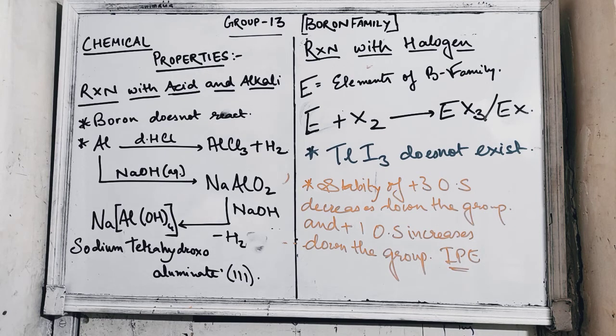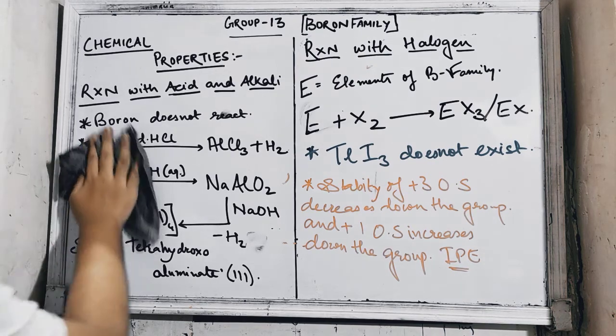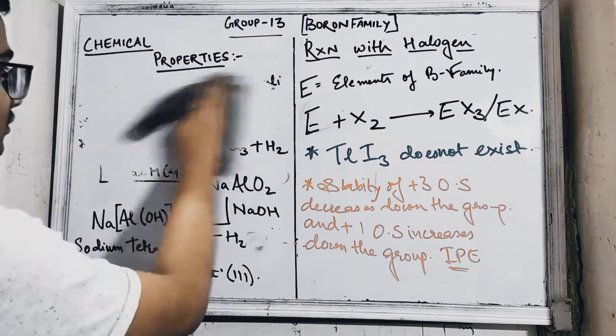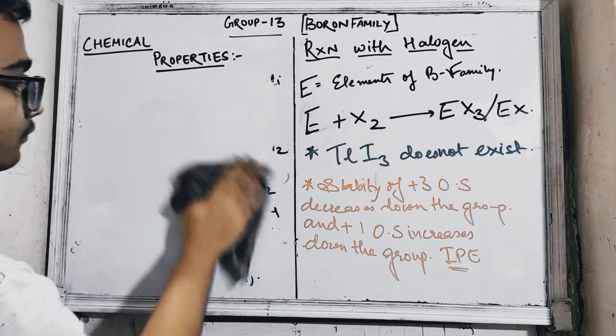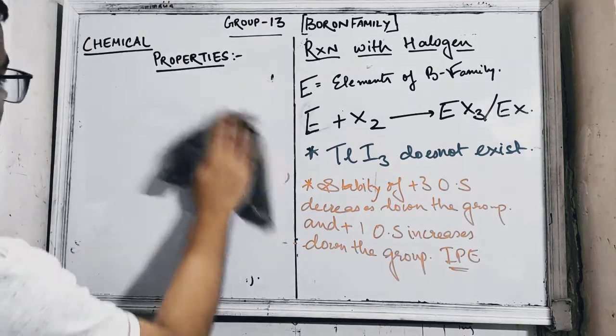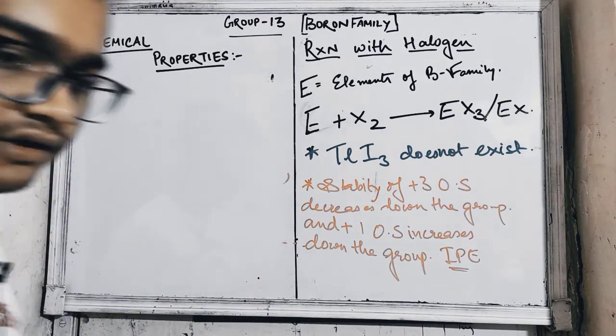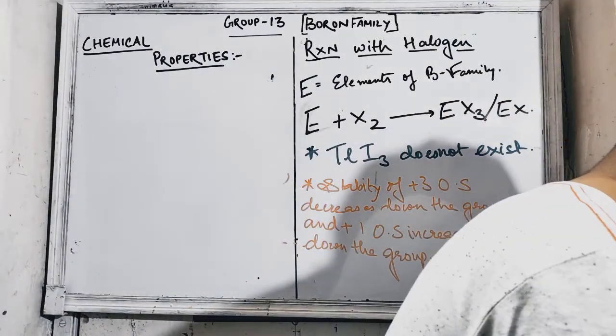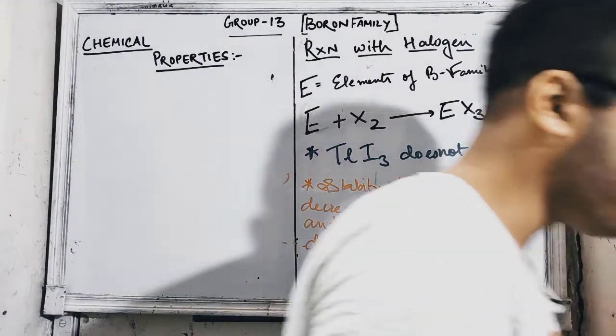Next I will come to the reducing property. So let's rub it out, and now let's discuss the reducing property over here. Let's do this in the form of a question. Write the question over here.